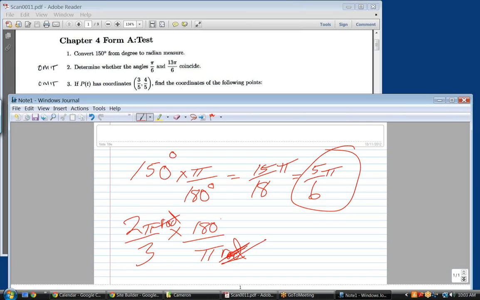So the degrees always goes with the 180, the radians always goes with the pi, and that'll always show you how to do it. The pi's cancel. Equals 120. All right.